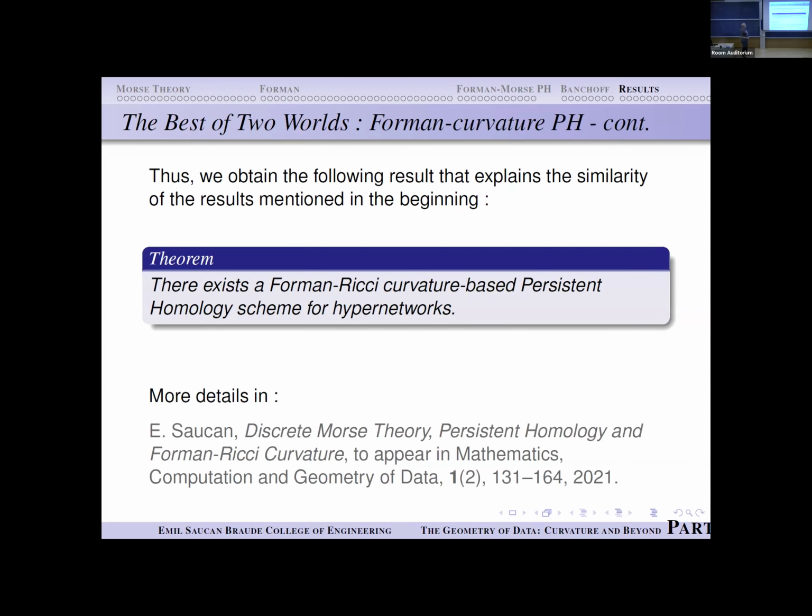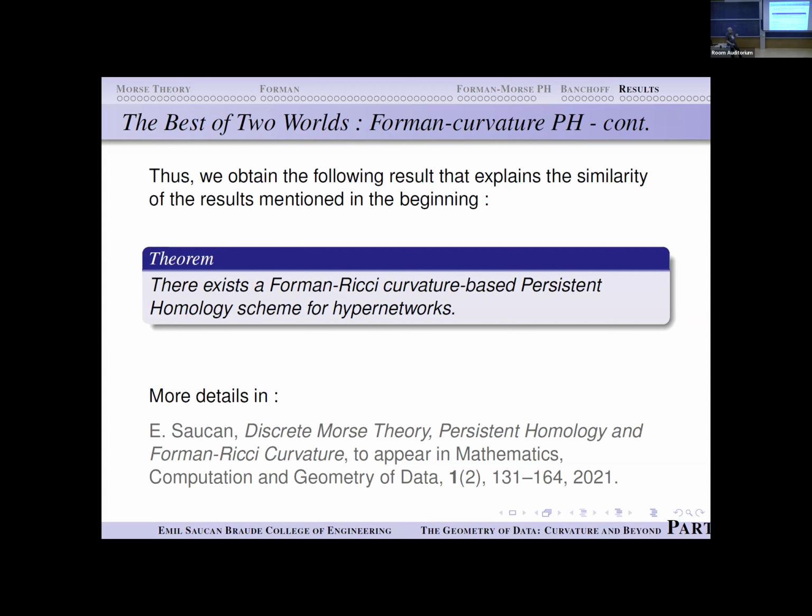Okay, and so this should have been everything, all the Morse theory in one row. Let me finish and then go back.